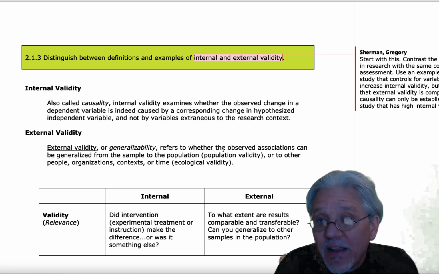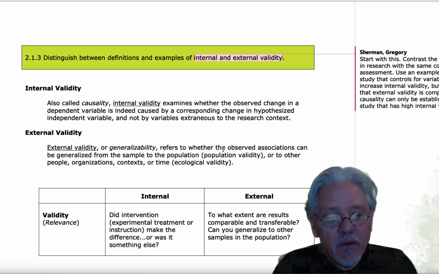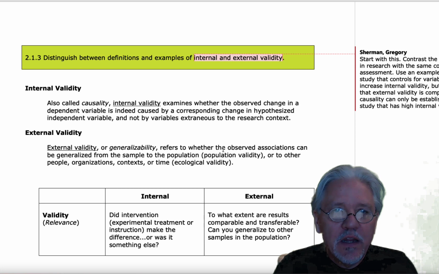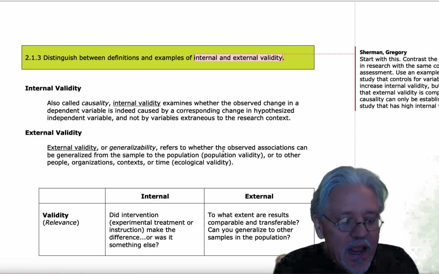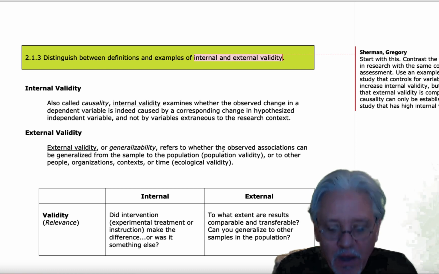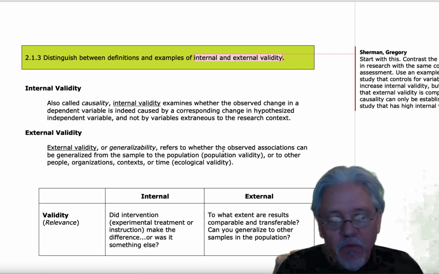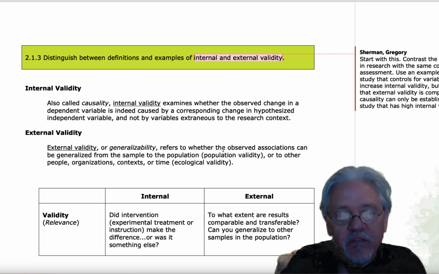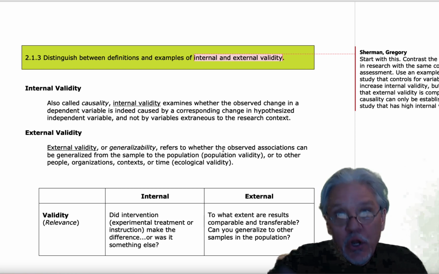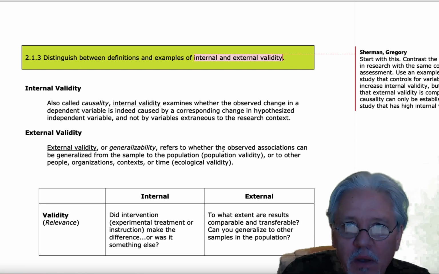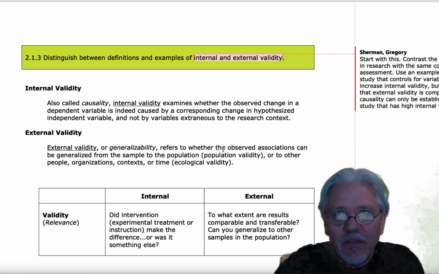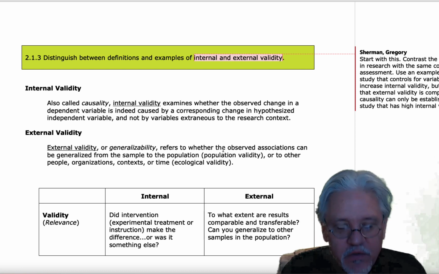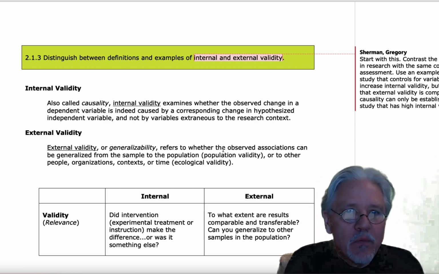But if I did that, then I might have high internal validity if it turns out that the method I was using got better results. But first of all, think about all the variables. If I wanted to say this is a better method for you, that may or may not be true. I may not be able to generalize it outside of my tightly controlled environment because most teachers can't randomly assign.